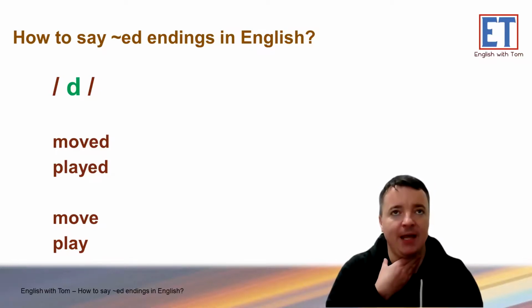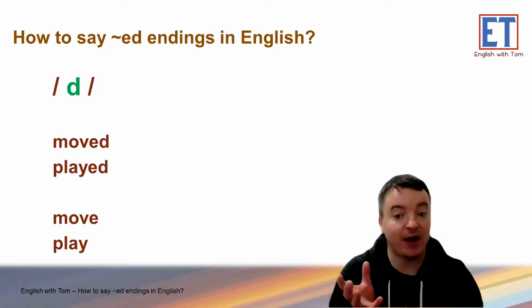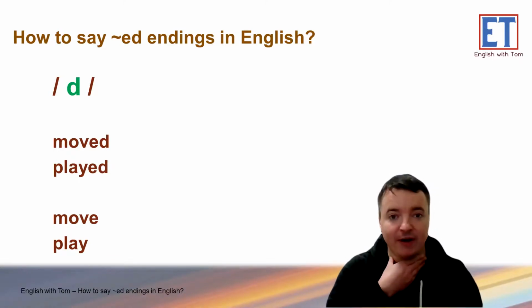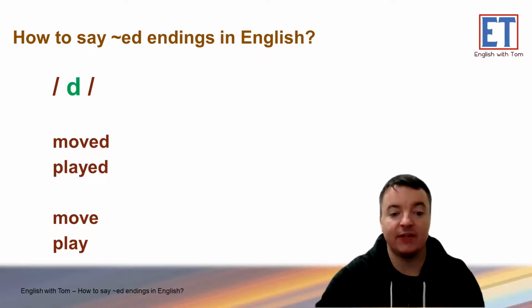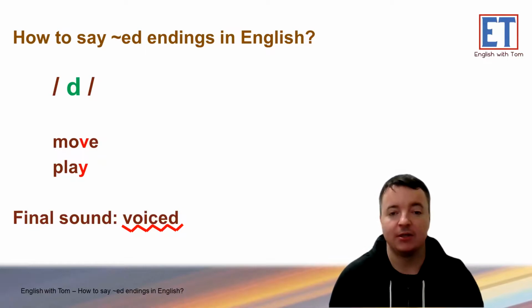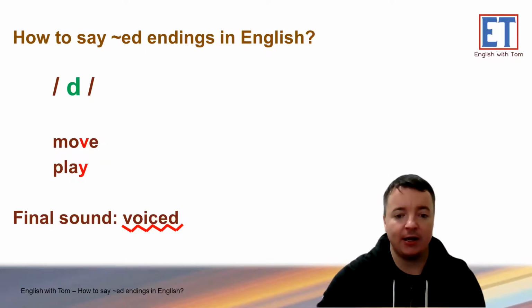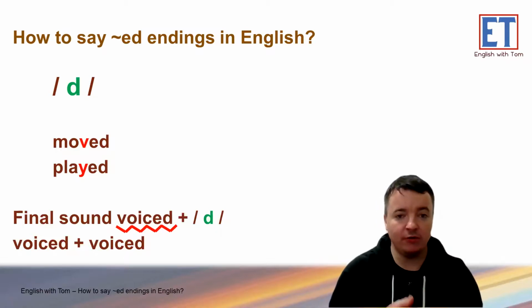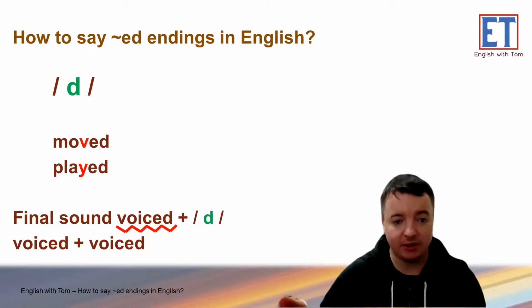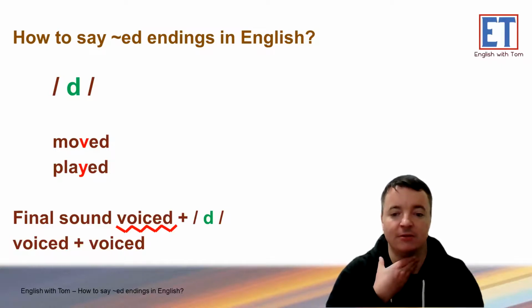Moved. Play a. Okay, that's a vowel sound, but voiced vowel sound, a. Played. So if it's a voiced sound, then we add d, which is also voiced. So unvoiced plus unvoiced, voiced plus voiced d.